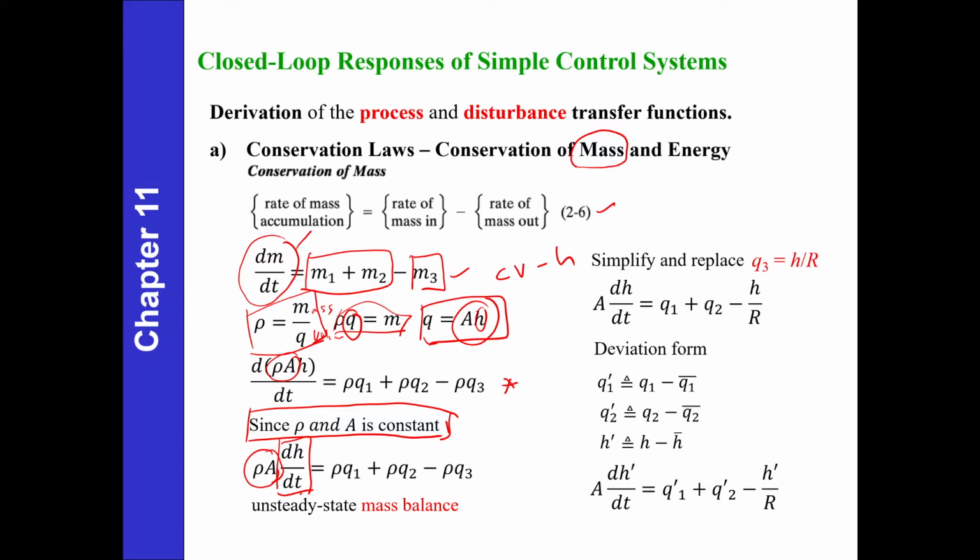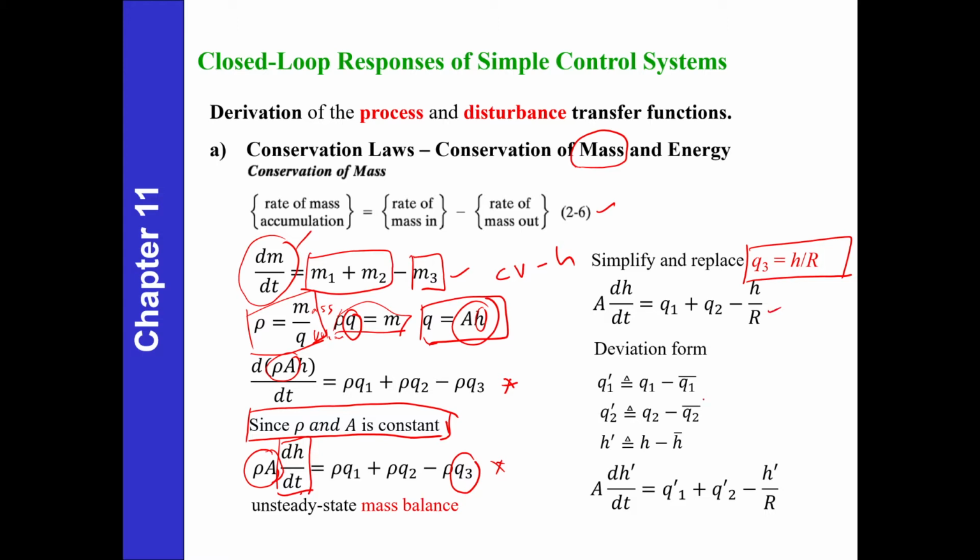So this is the unsteady state mass balance. Remember that Q3 is equal to H over R. So we just substitute.